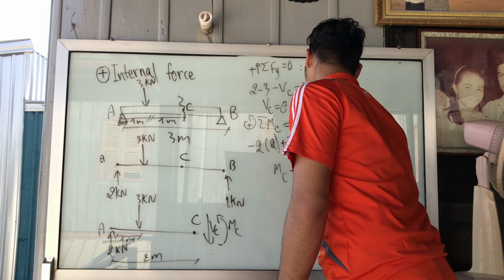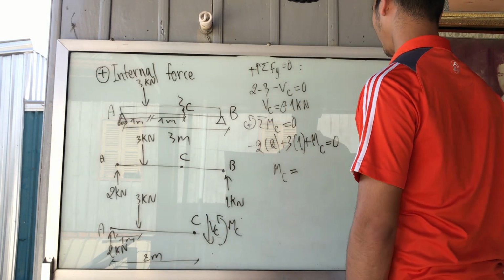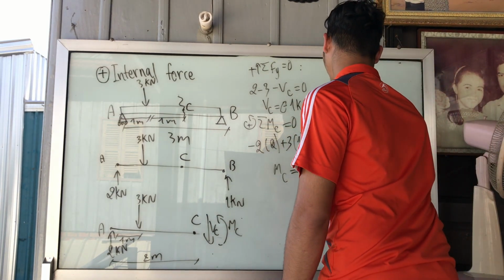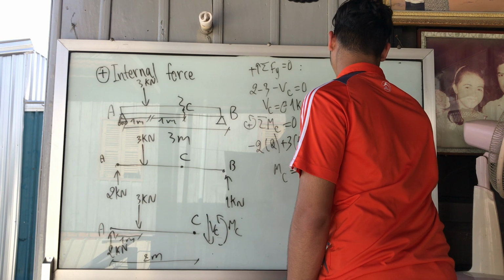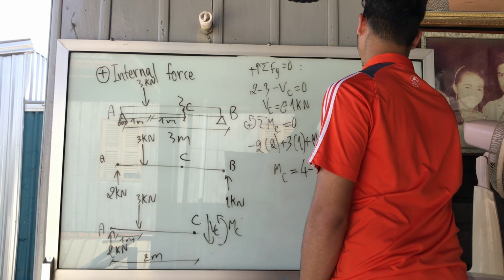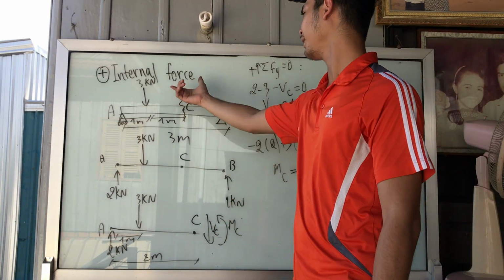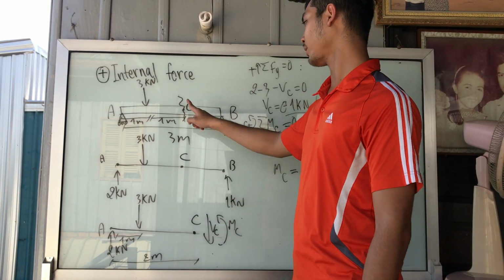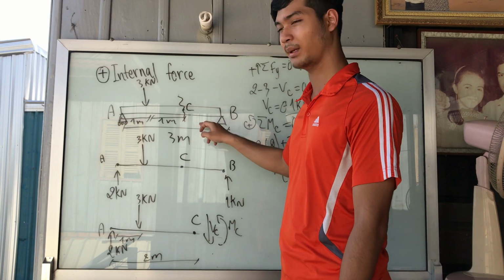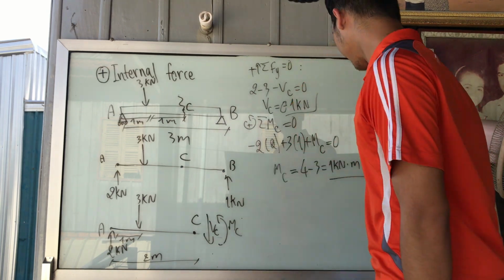Mc equal to 4 minus 3, 1 kilonewton meter. Okay, so this is the internal force at point C for this beam.